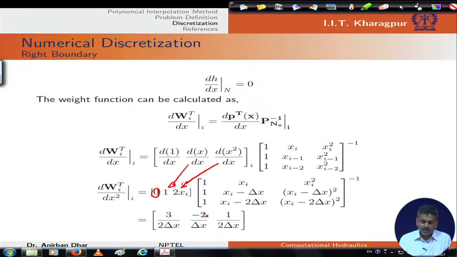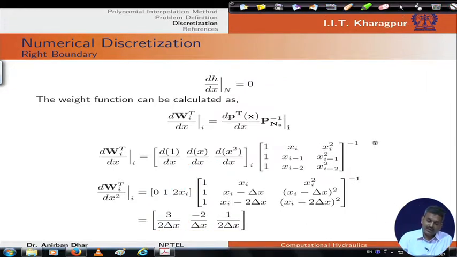If we multiply this with 2, this is 4 into 2. Interestingly, whatever boundary condition we have used for one sided finite difference approximation for first order derivative for second order accuracy, this is the same thing we are getting from the mesh free method.